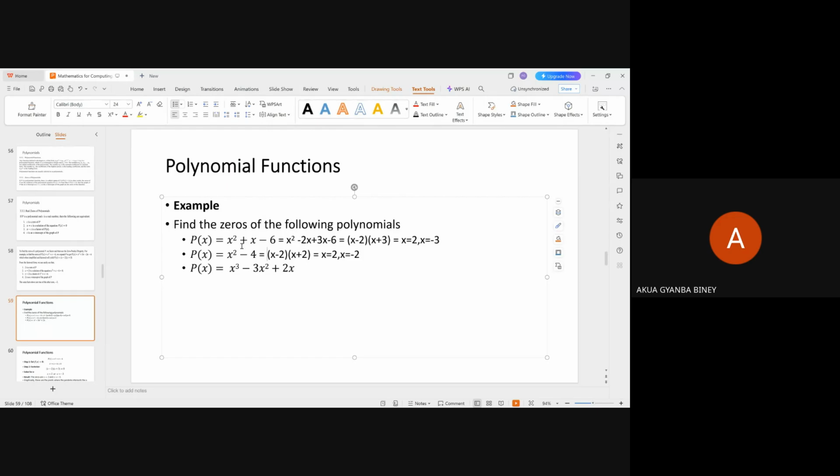Those two numbers are minus 2 and plus 2. Minus 2 plus 2 will make the coefficient of x 0. That's why it is not there. So in natural sense, we have x squared minus 2x plus 2x minus 4.